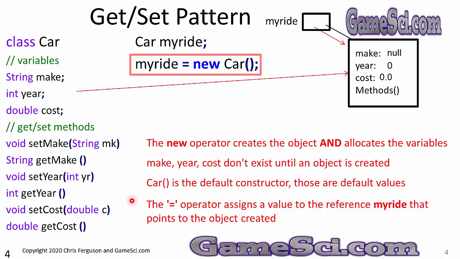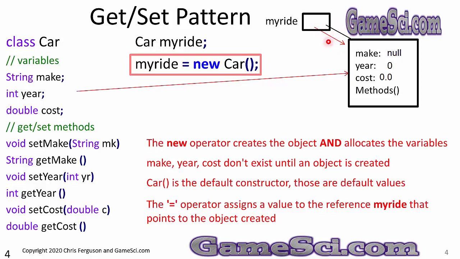The equal operator assigns a value to the reference myRide that points to the object created. What does that mean? New Car is what created the object. After the object is created, I want to assign that object to the myRide variable. It's connecting. See this line here from myRide to the object? See the arrow showing I'm going from here to there?